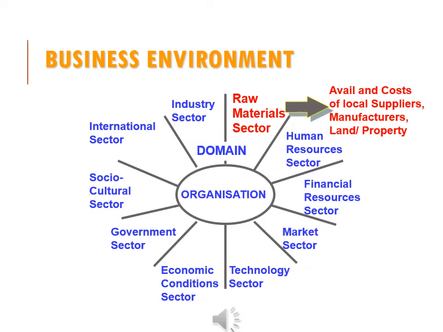Those raw materials are required as a factor of production, meaning they are needed for producing its goods or services. That might include land costs or property rental costs, as well as other raw materials in the form of equipment.